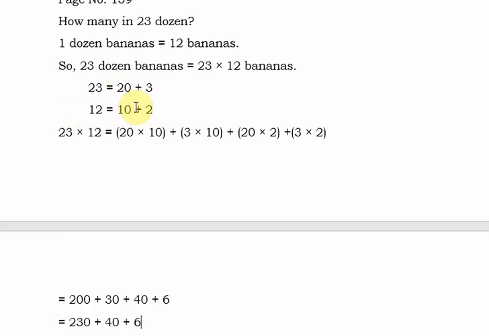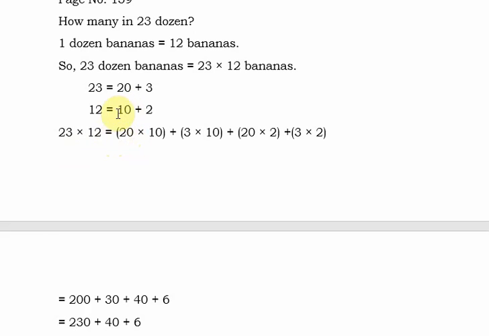Okay, first we have to take the first number of the second number which is given here. Now see, first we have to take the 10. So this is the number 10. First we are going to multiply this. 23 is written as 20 plus 3.